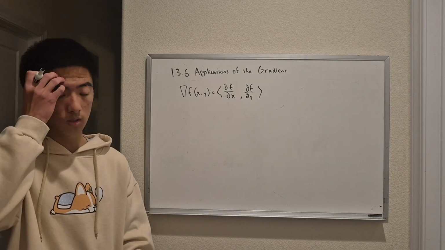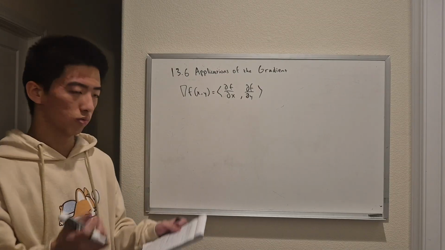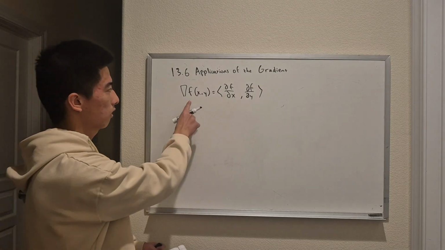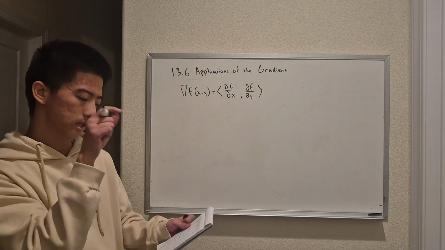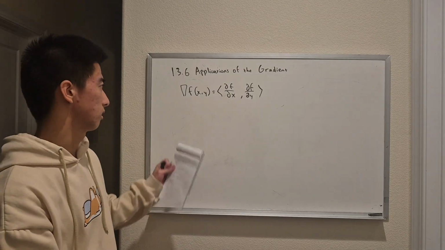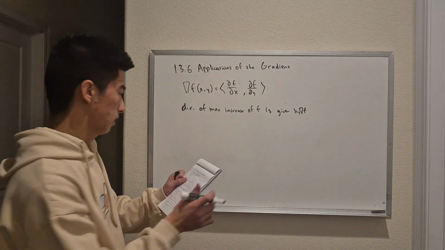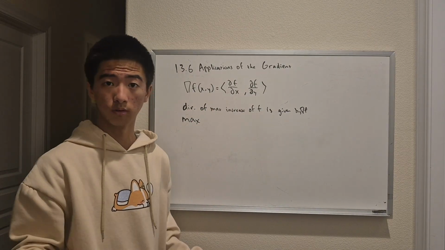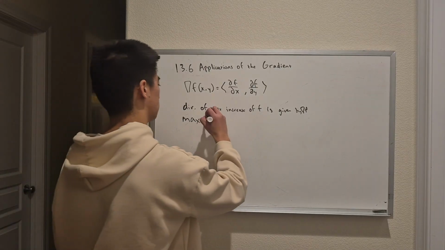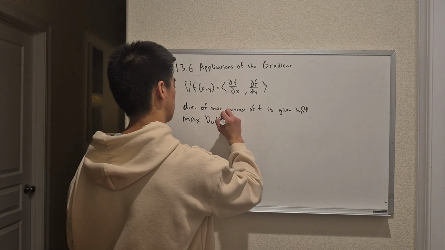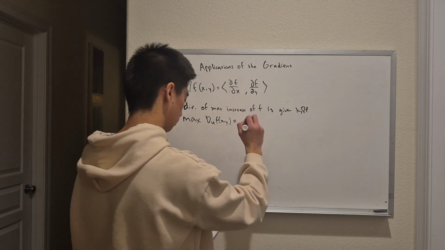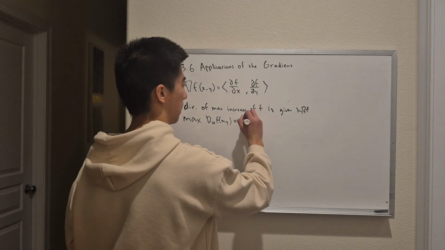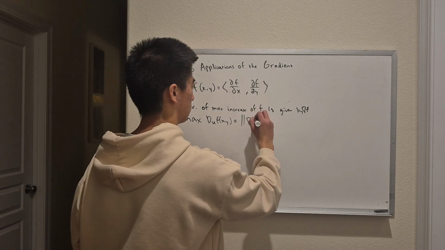The main one is that the direction of the maximum increase of this function f of x, y is given by our gradient. And the maximum value of our directional derivative, if you remember that from the previous subtopic, is equal to the magnitude of our gradient.